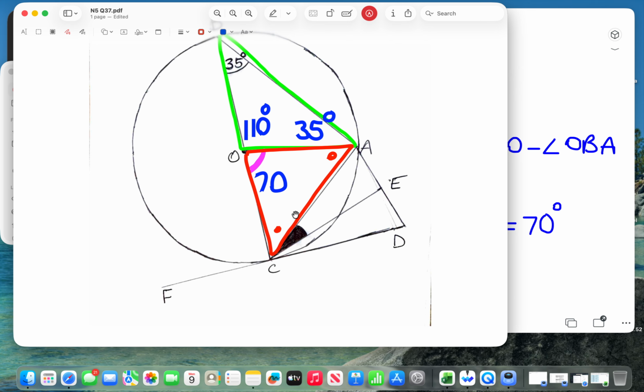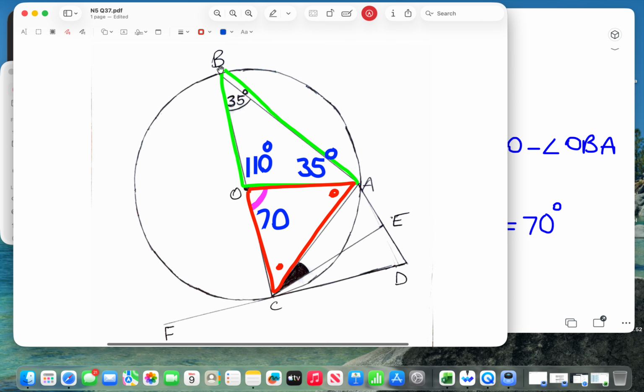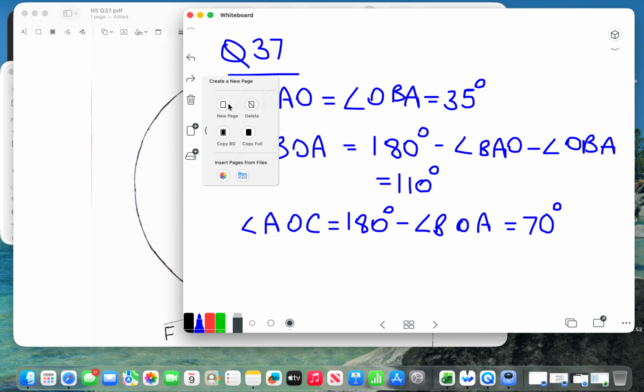Alternatively, you could do this if you notice that this full triangle, the green one and the red one combined, C to B to A, and you notice that side BC is the diameter of the circle, and you notice that A, B and C all lie on the circumference. Now I will sketch this to show you.